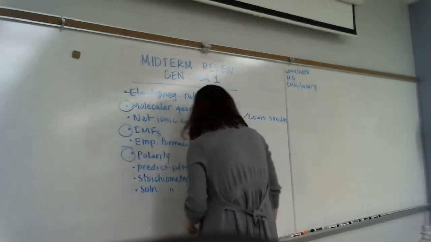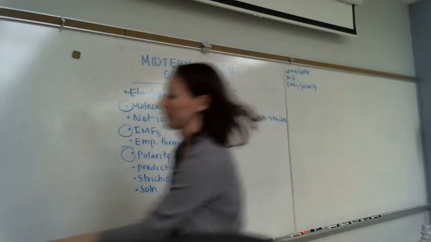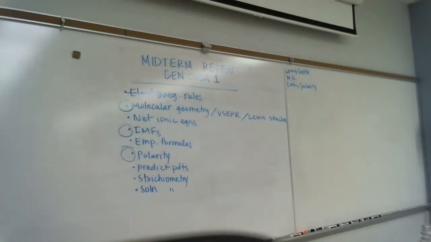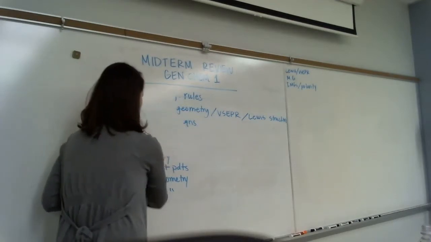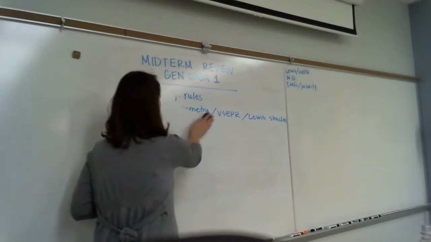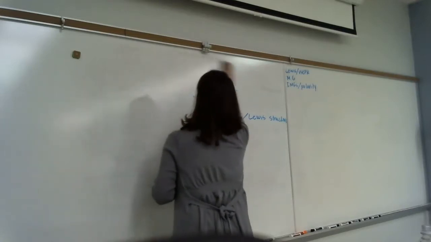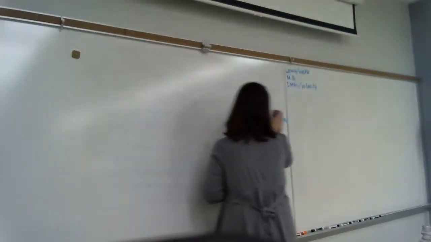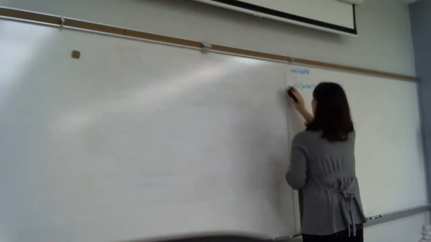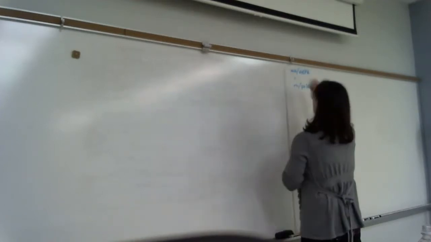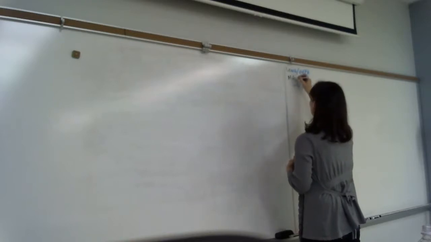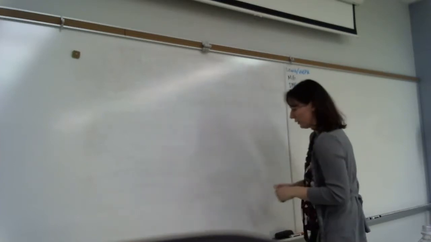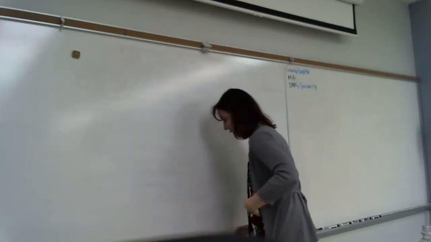Now I will tell you that the VSEPR chart is going to be given to you on exam 2 as a reference page. You're not going to have to memorize the VSEPR chart, but for everything else, you need to be able to replicate that on your own.